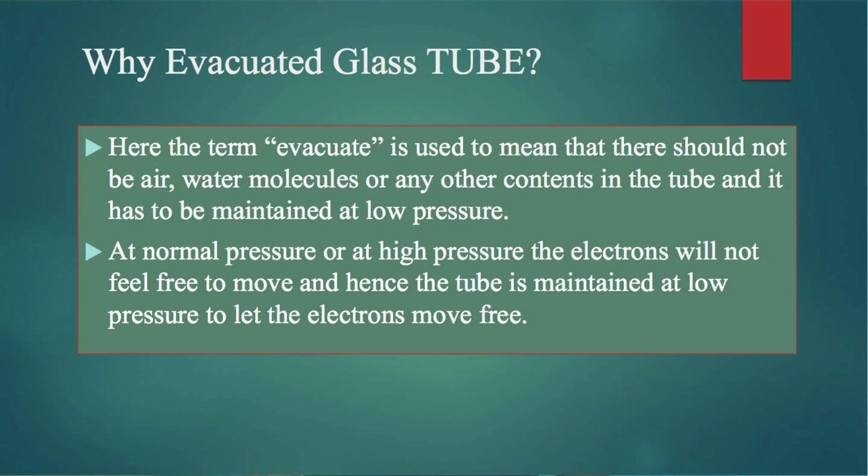At normal pressure or at high pressure, the electrons will not be free to move, and hence the tube is maintained at low pressure to let the electrons move freely. The variation of negative potential on the grid will affect the number of electrons that reach the anode and subsequently strike the screen, which in turn will impact the brightness of the pattern displayed on the screen.